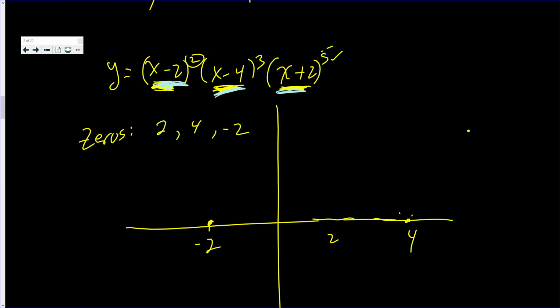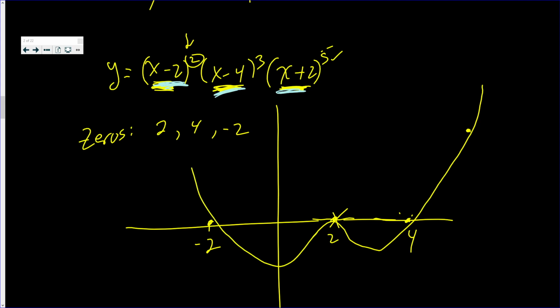When x was large, we were up here. Maybe at 2, I'll put an x, because it's an even power, and I won't cross it. I'll just touch it, because y does equal 0 at 2. There's your graph.